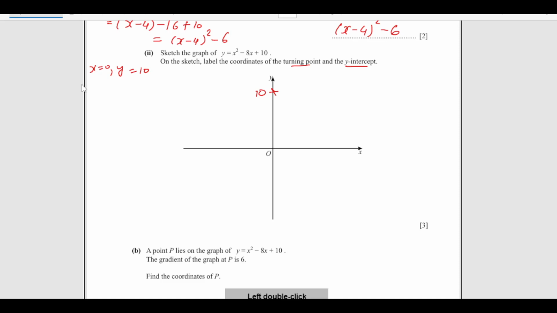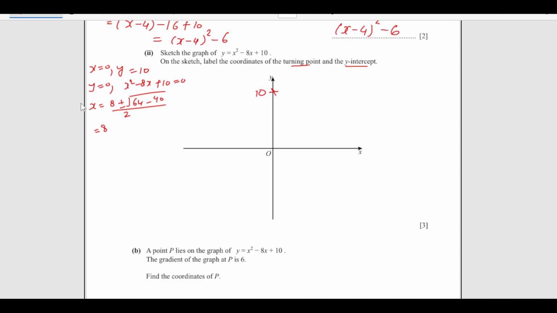And when y is 0, what will be then? So then x squared minus 8x plus 10 equals 0, right? By using the quadratic formula or factorization, you can do this one. So let me use the quadratic formula here. Minus b plus minus the square root of b squared, which is 64, minus 4 times 1 times 10, which is 40, over 2a, and a is 1.